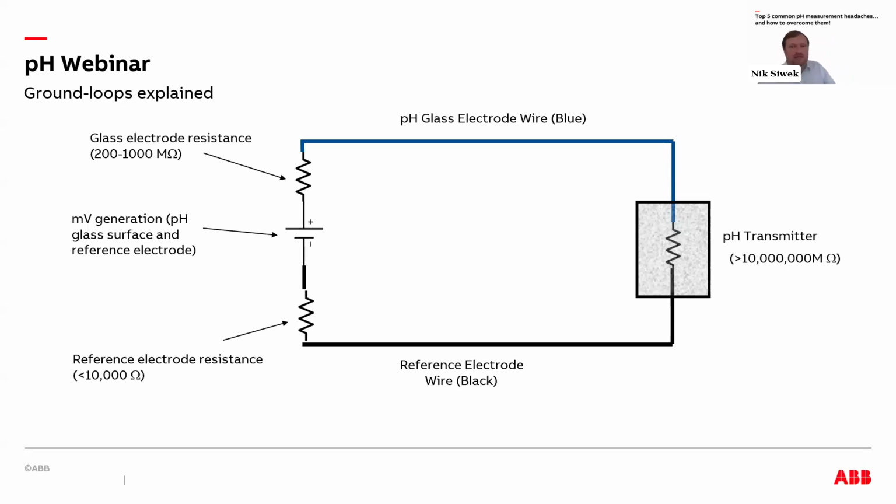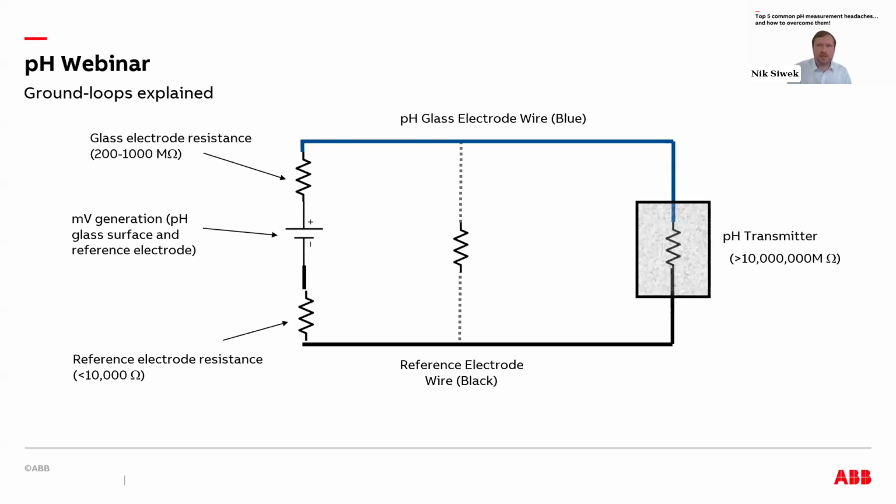So it doesn't take a lot to ground the signal, whether from the reference wire or the glass wire. Any small leak from an electrical standpoint will cause a deviation in reading. Things like insulating the connectors and making sure there's no water ingress will dramatically impact the reading and essentially short the signal.